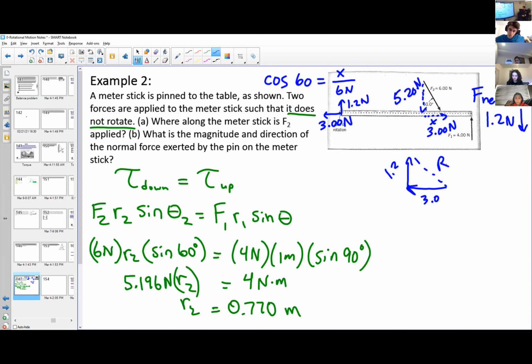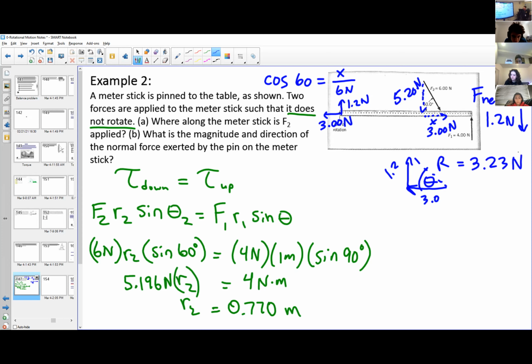You square both and then you take the square root. Pythagorean theorem. Anybody have a chance to do that? Let me just do it mentally real quick. 3 squared is just 9. So 3.2. Yeah.